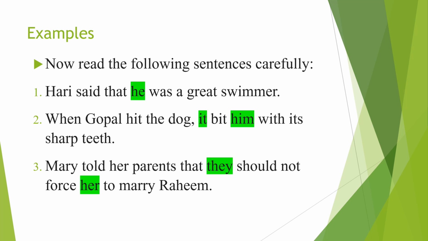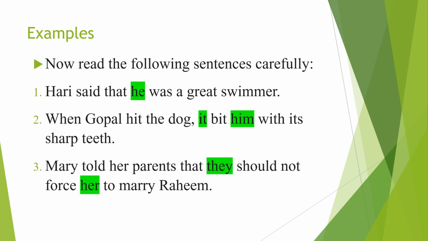Instead, we'll say, when Gopal hit the dog, it is used here instead of a dog. Bit him. Him means what? Gopal. So it is a pronoun. Him is also Gopal, a pronoun. Okay. It is a pronoun and him is also a pronoun.